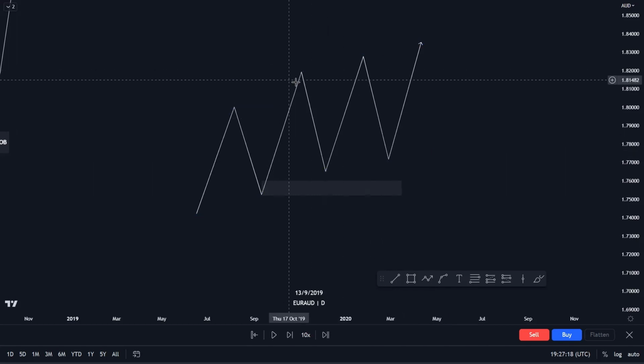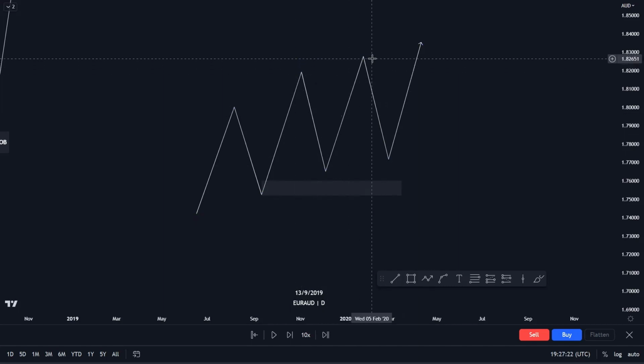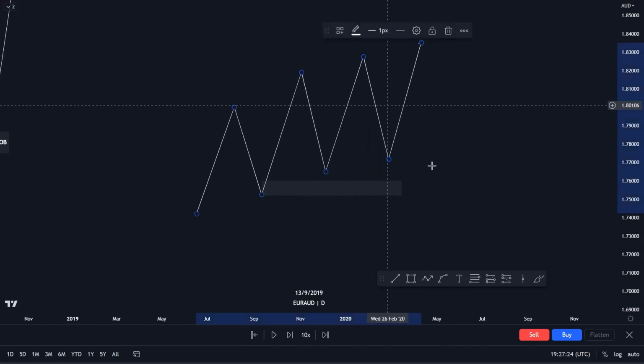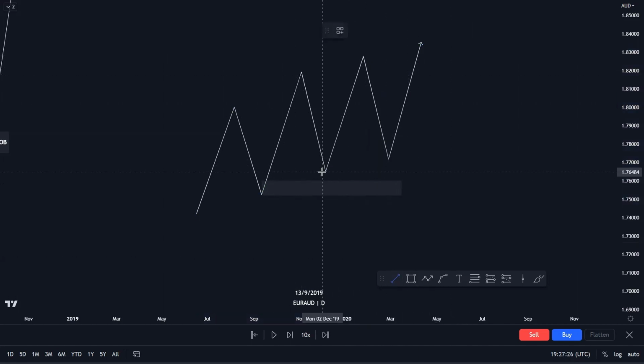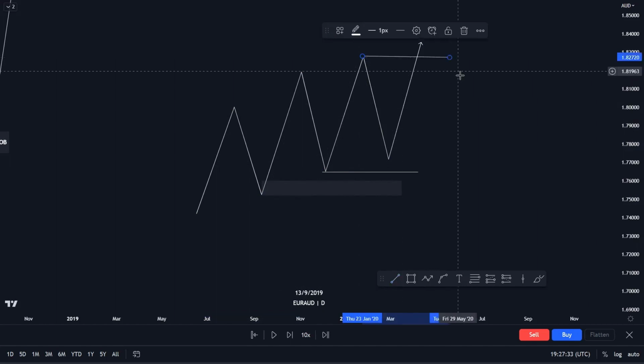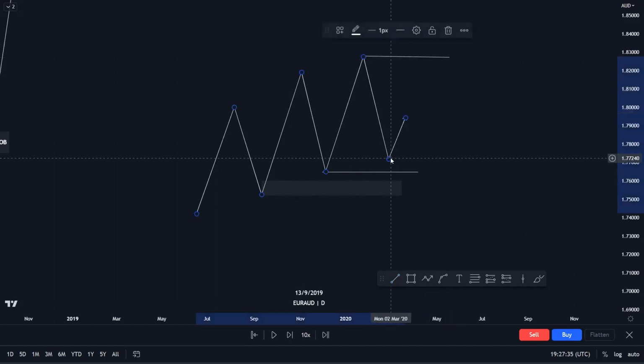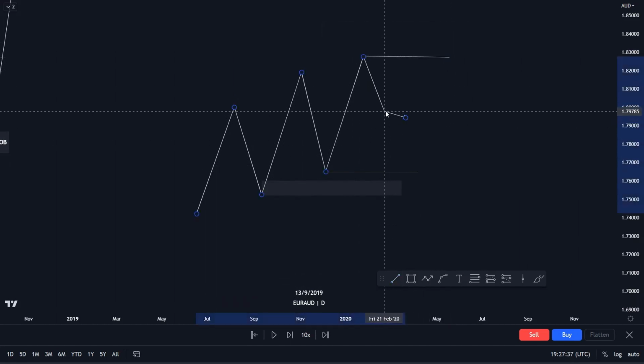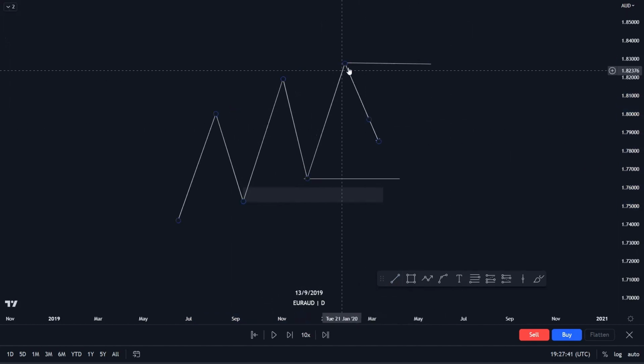So when price violates the previous higher high, now you know that we have a new higher low here and a new higher high here. For instance, maybe price is ranging here. You know that price is currently ranging between this high and this low.